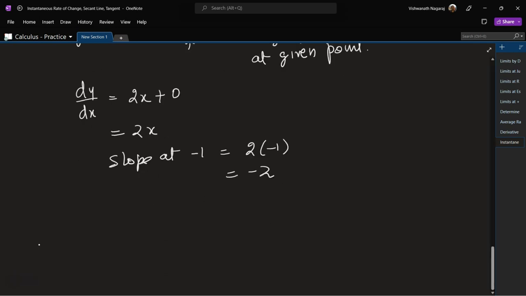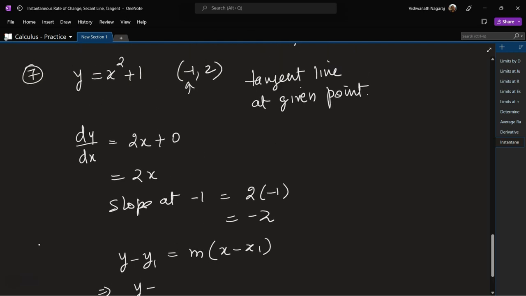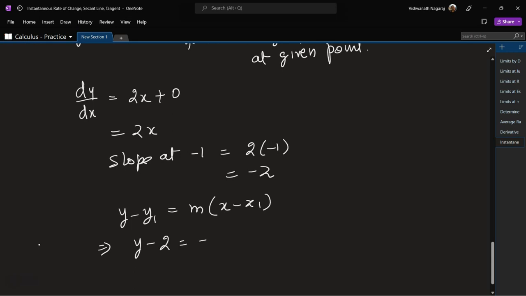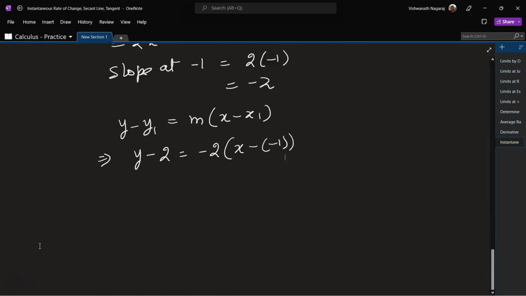And now we figure out the tangent line. To figure out the tangent line, we require a point and the slope. So slope we already have. So y minus y1 is equal to m times x minus x1, which implies y minus 2 is equal to minus 2 times x minus minus 1.